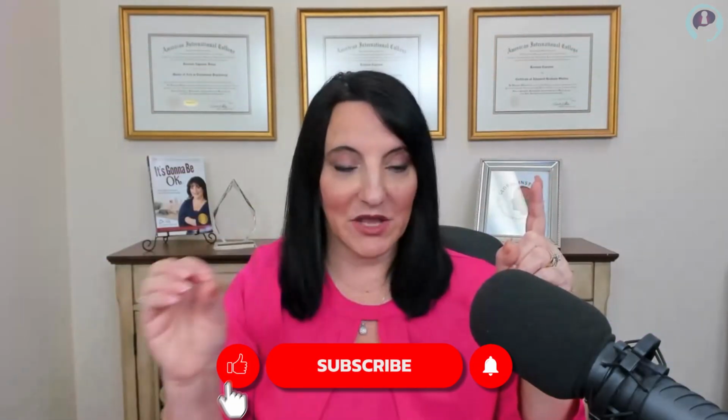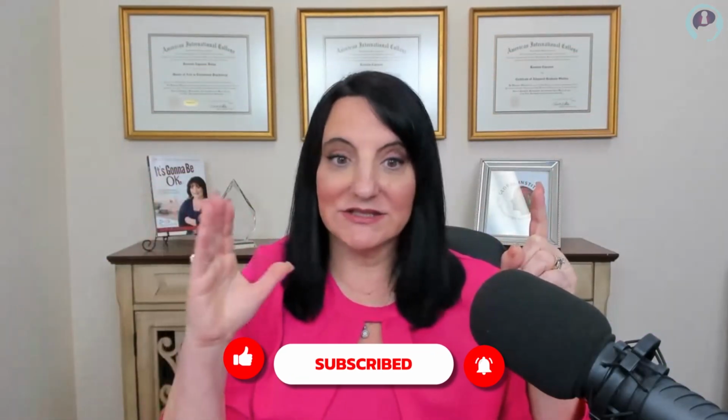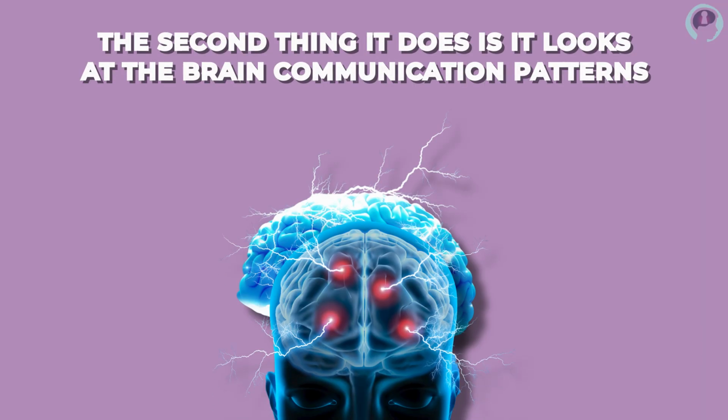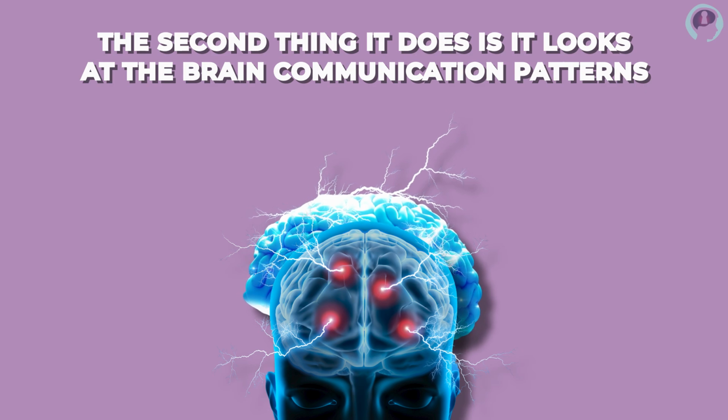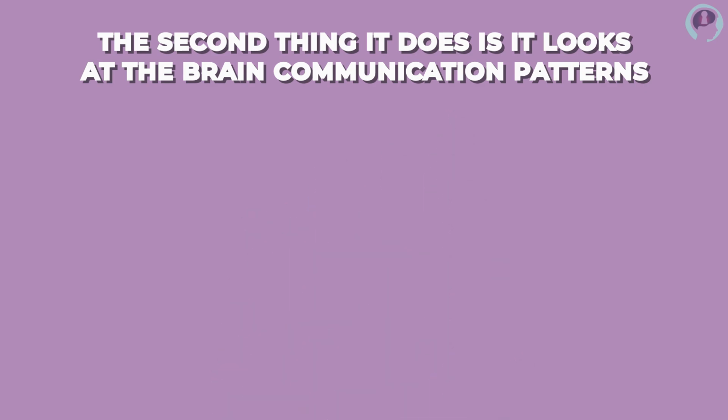And we're going to tie this to behavior and why this is an important path if you're really trying to figure out what is going on with your kid. The second thing it does is look at the brain communication patterns, which for most of you, unless you're working with me, you probably haven't heard of before.